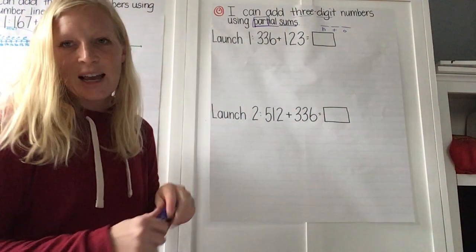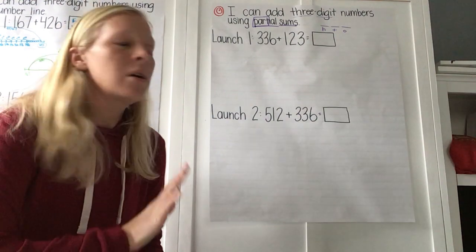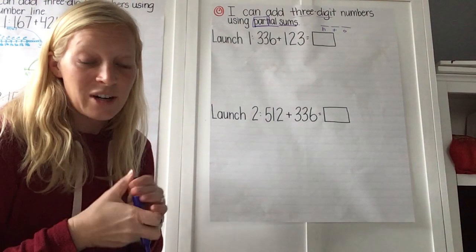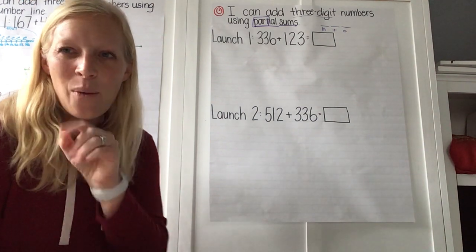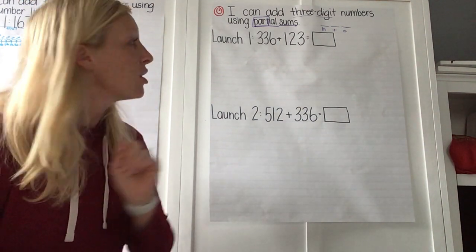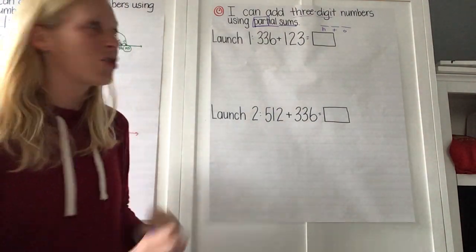Friends, as we're coming together, remember, pause if you're not ready to do this. Resume it when you're ready to see these different ways. We're going to share one right now. What I'm going to do is draw our base 10 blocks to represent these numbers, and then we're going to see how we can connect that to our partial sums.